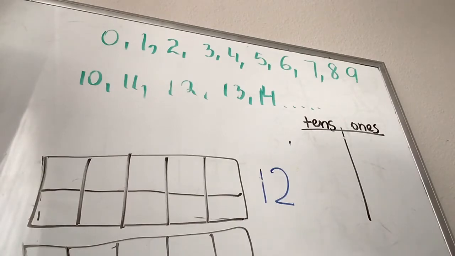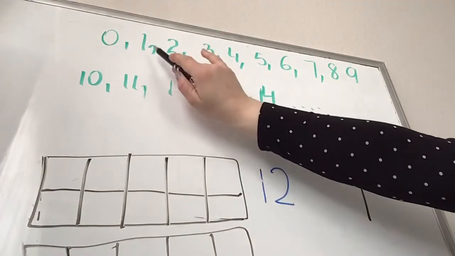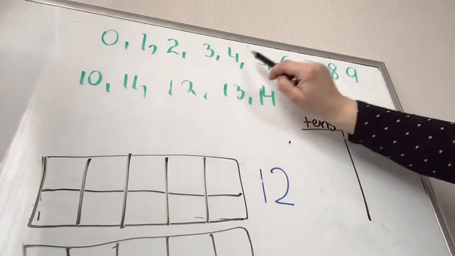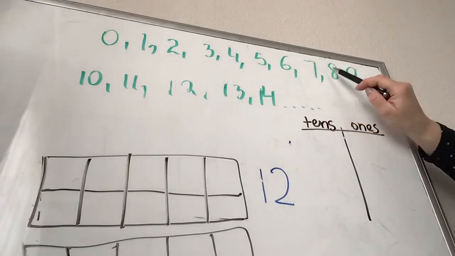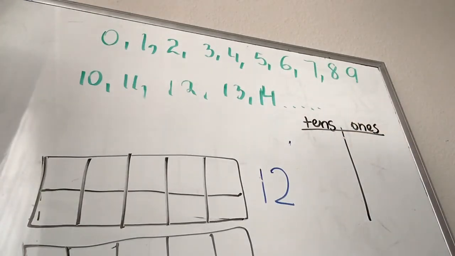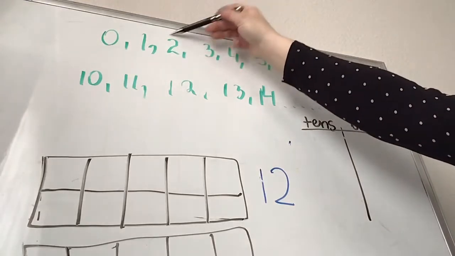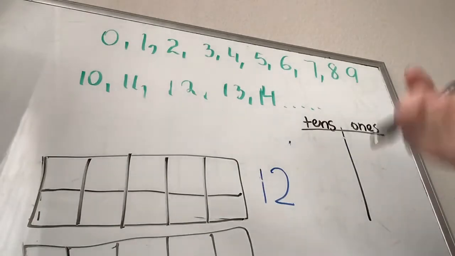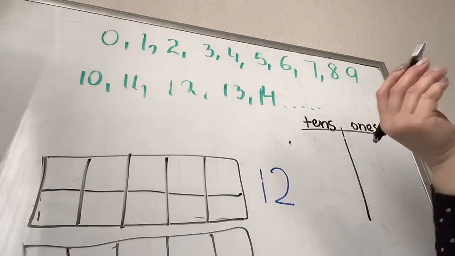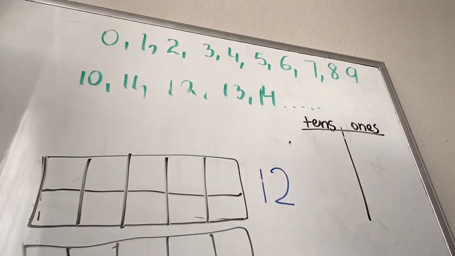But let's look at numbers 0, 1, 2, 3, 4, 5, 6, 7, 8, 9. These numbers are one-digit numbers. So it means it's only one symbol, right? Or one digit. We call it a digit in math.